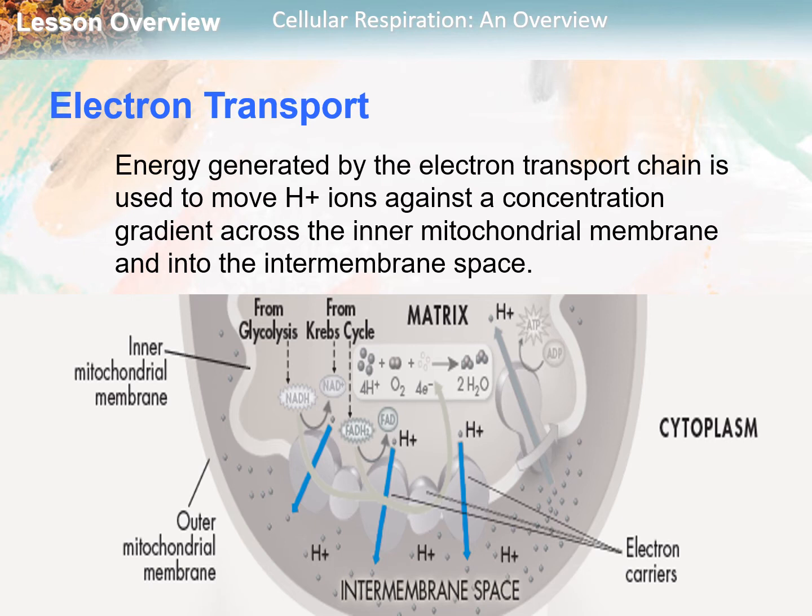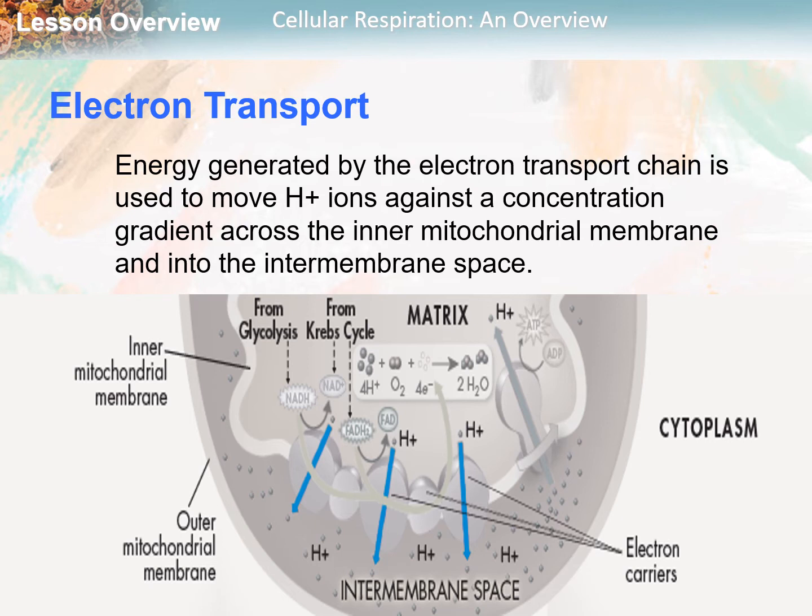These are the hydrogen ions, and some of them are moving through the inner mitochondrial membrane using the ATP synthase.